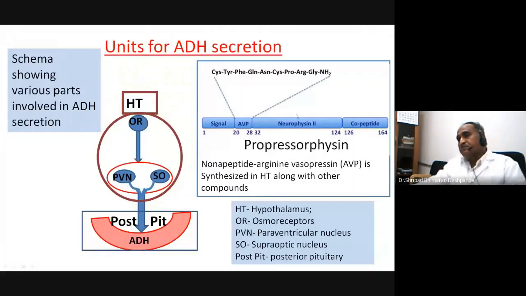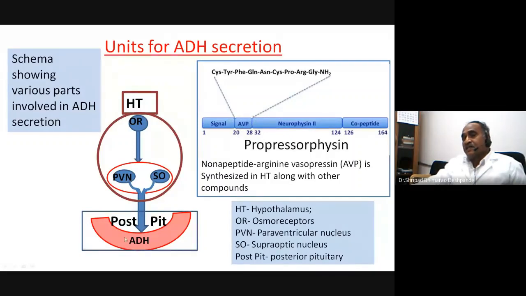Before leaving this component, I will just mention that arginine vasopressin is metabolized. It is secreted from the neuron here and released into the circulation, and we have a peptidase, called the vasopressinase enzyme, that breaks down the arginine vasopressin.